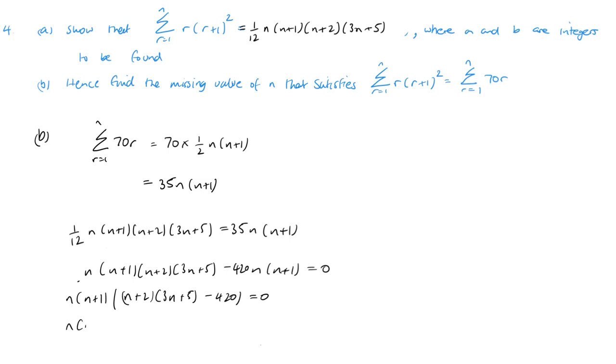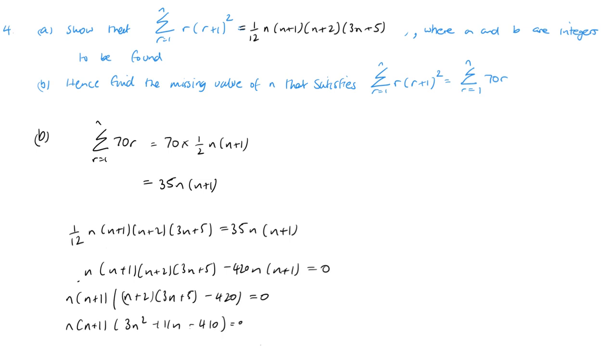So it's n plus 1, and we've got 3n squared, 5n and 6n is 11n and the 10, minus 420 plus the 10 is minus 410.